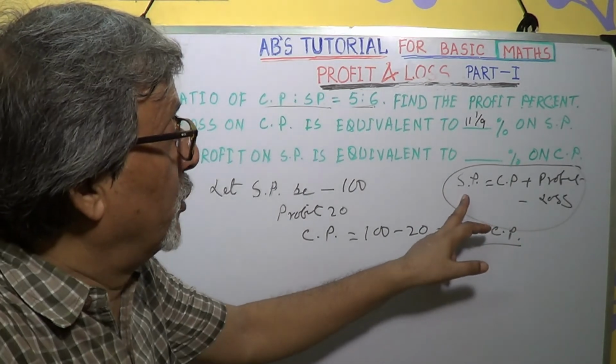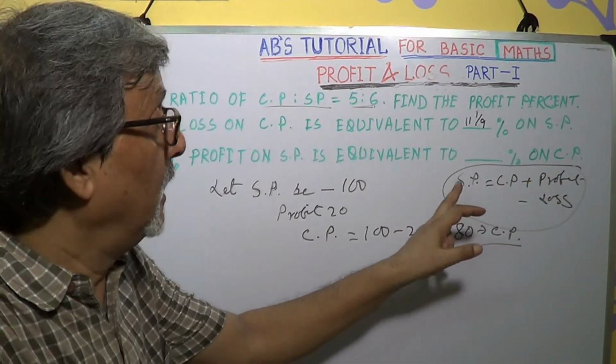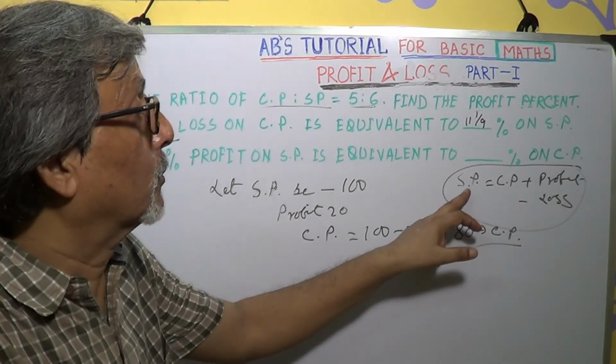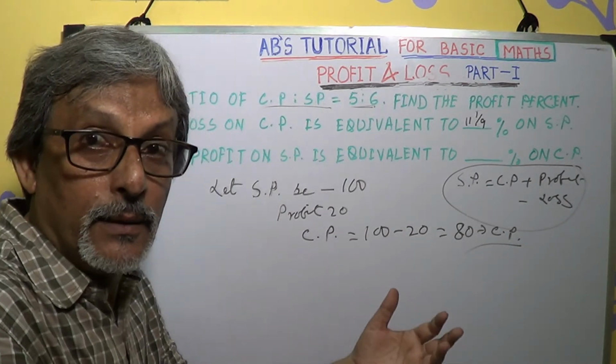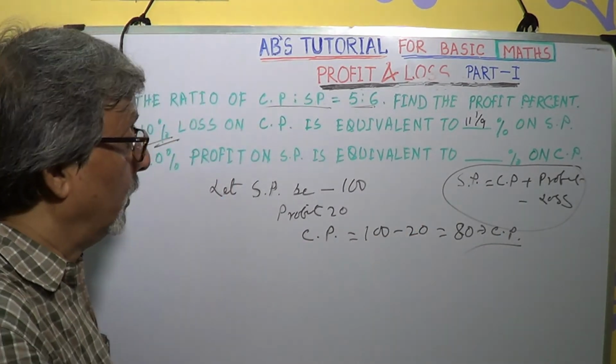Because selling price is equal to cost price plus profit, if you change the side, SP minus profit is equal to cost price. If it is loss, then naturally we have to add the loss to the selling price to get the cost price. So here it is clear.